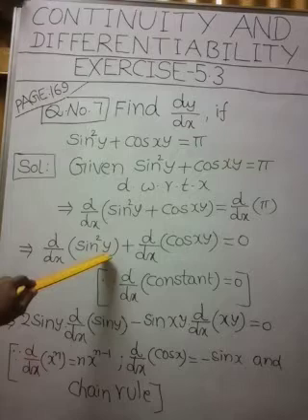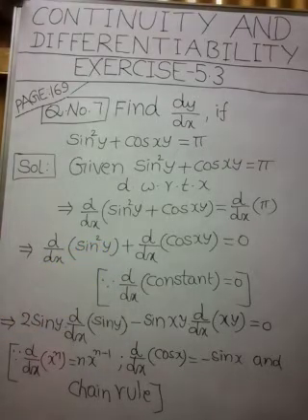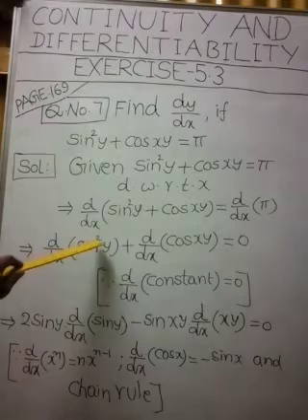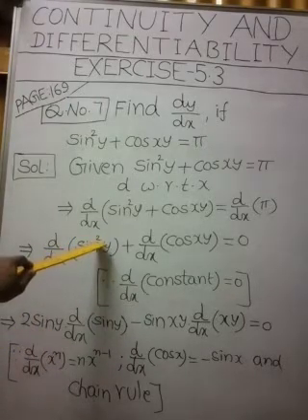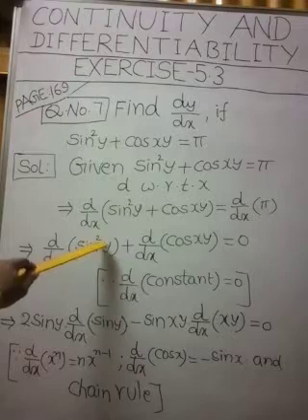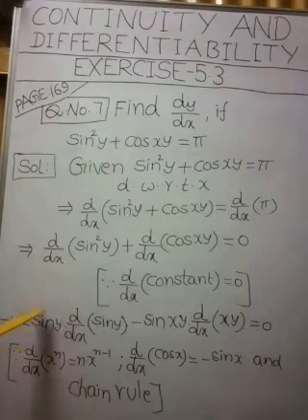So we use the formula for the first term, d by dx of x power n, which is n into x power n minus 1. So 2 into sin power 2 minus 1. What do you get for 2 minus 1? 1 only, so I am not writing 1. 2 sin y. Understood this part, my dear children?